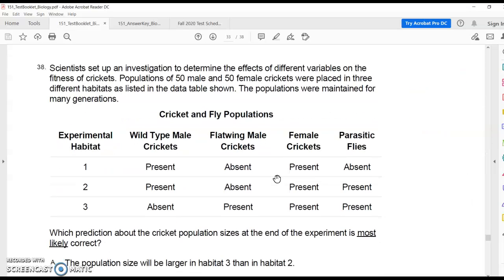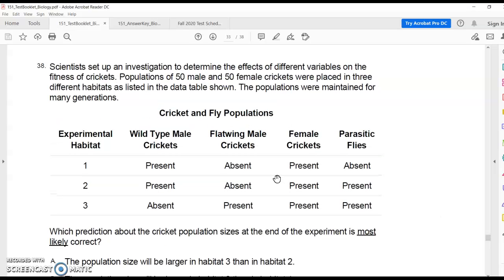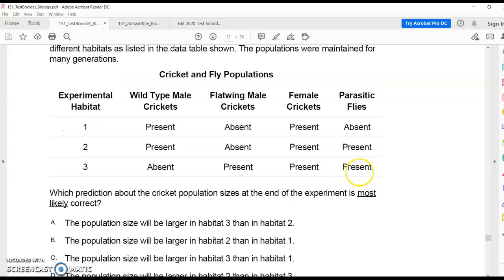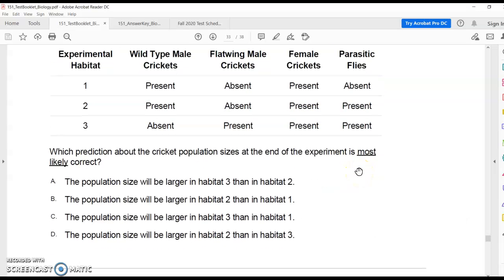38. You are looking at crickets. Wild is just the normal type, the chirping. Flaunting would be your silent, and then there are female crickets, and then the flies. So you're looking at which is most likely correct, and the obvious answer is A. That population size will be larger in habitat 3 versus habitat 2. So habitat 3, they have the silent ones, and then they have female crickets.